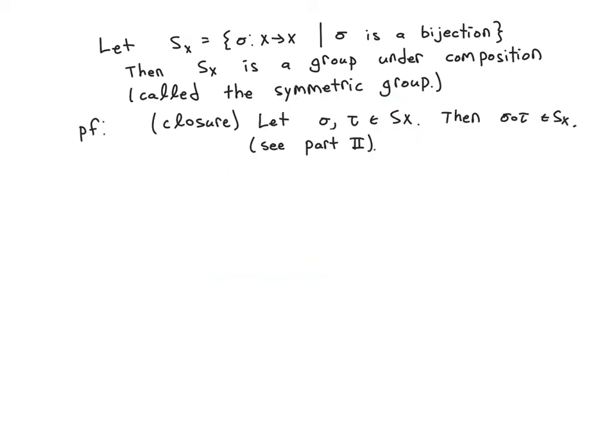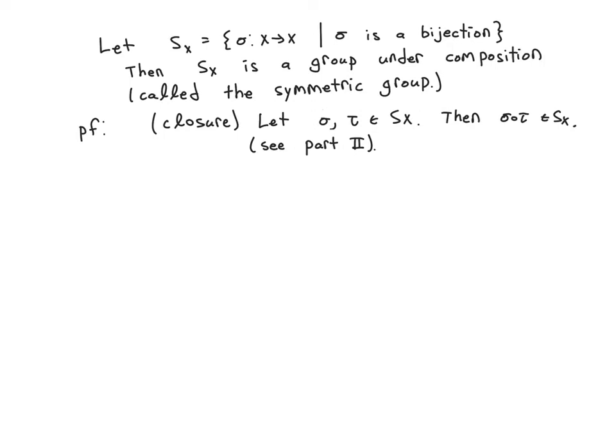So we're going to claim that we have a group. In this case, it's worth pointing out that it's not obvious that this operation is well-defined, in the sense that it's not clear that if you compose two functions that are bijections, the result is going to be a bijection. So this is one of those cases where we do need to check closure.